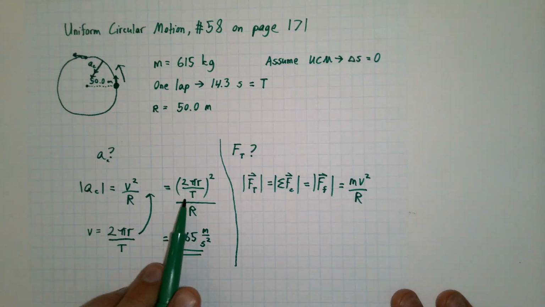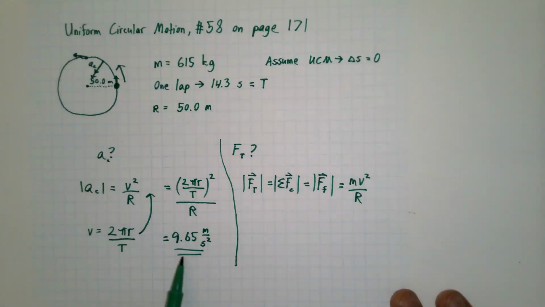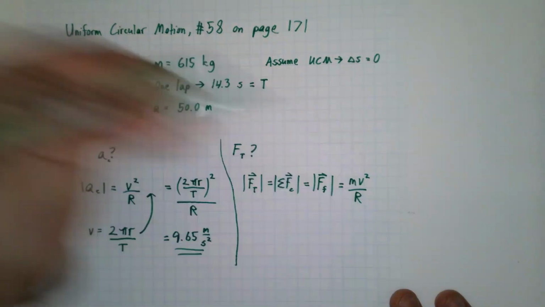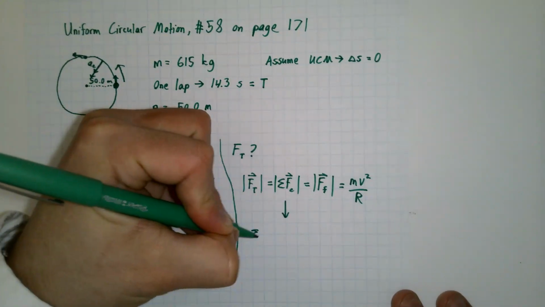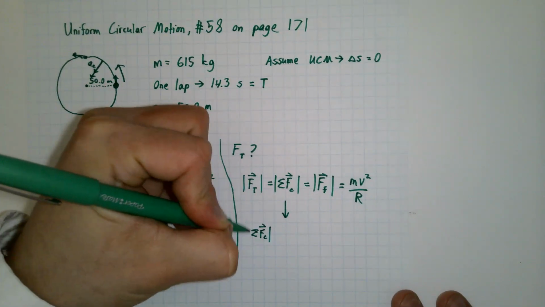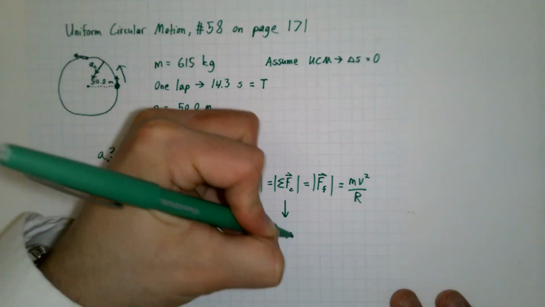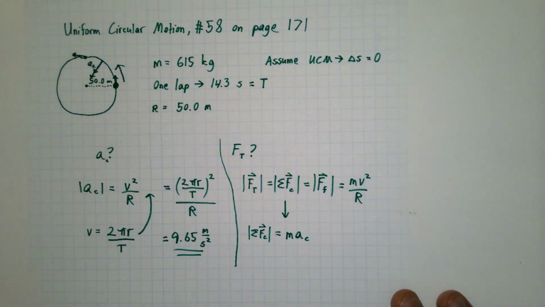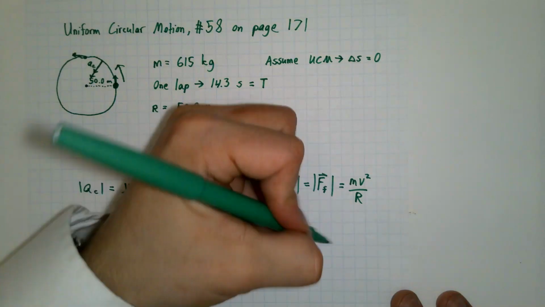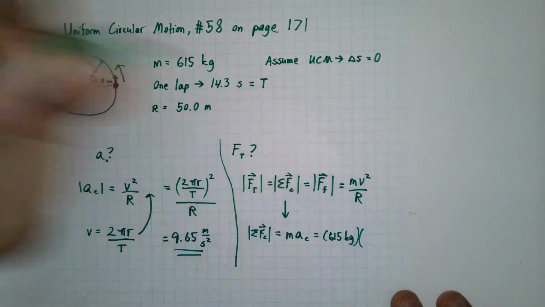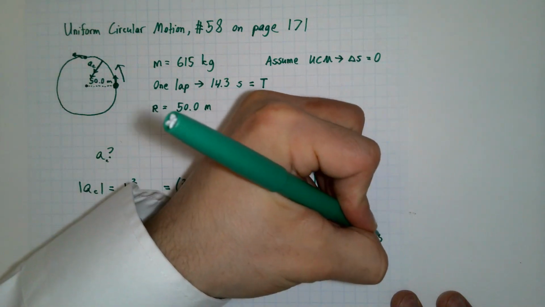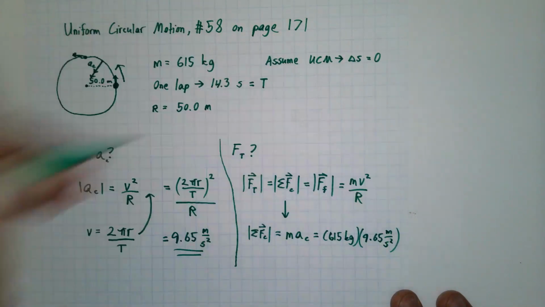We've found our velocity up here. We actually found our centripetal acceleration already, so we can go immediately into a simpler version of this formula. The magnitude of the centripetal force is m times the centripetal acceleration. We know the mass, that's 615 kilograms. We just found the centripetal acceleration as 9.65 meters per second squared.